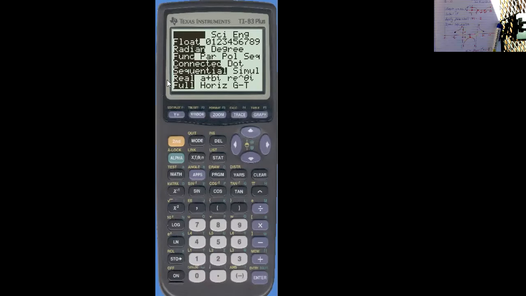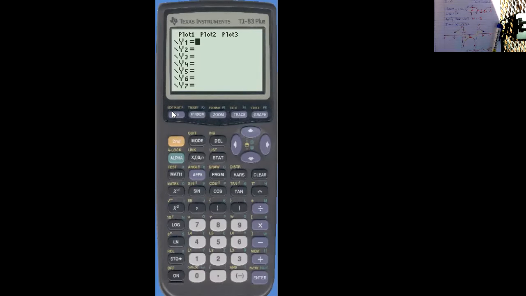If you go to mode, you'll see you're in radians, which is what we want when we graph trigonometric functions. So that's good. I'm going to plug this in. It was y equals 2 secant. We don't have a secant button on our calculator. So I'm going to put a parenthesis and do 1 over cosine, 1 divided by cosine.